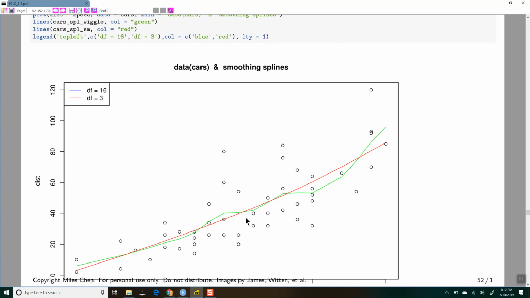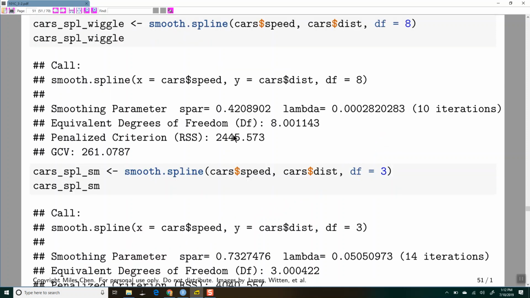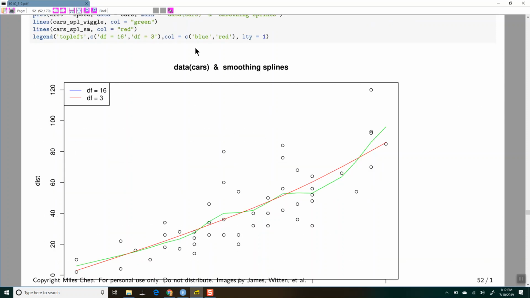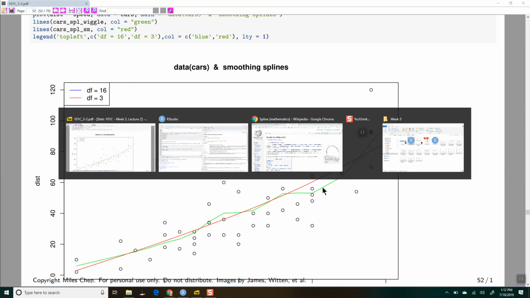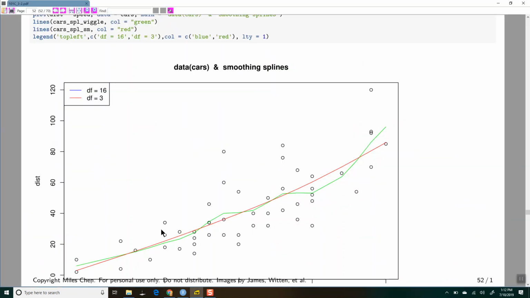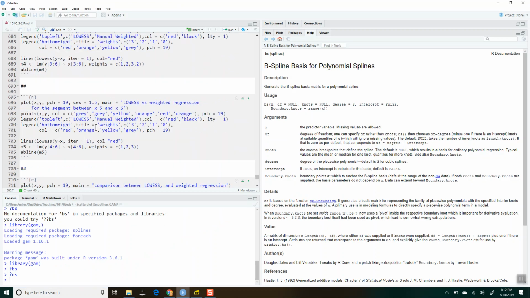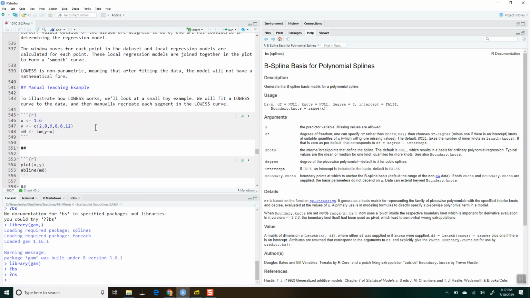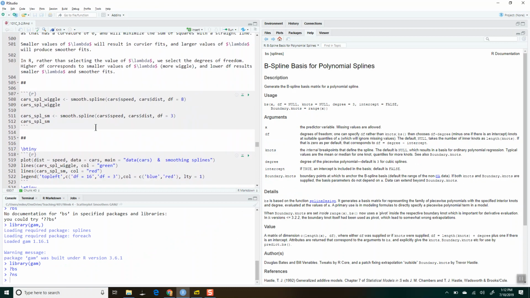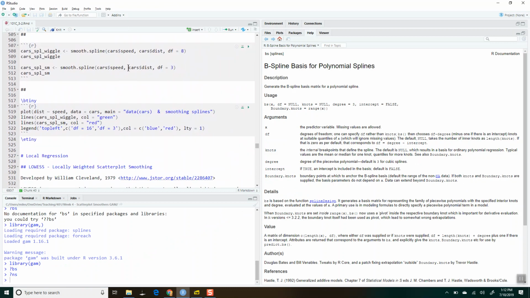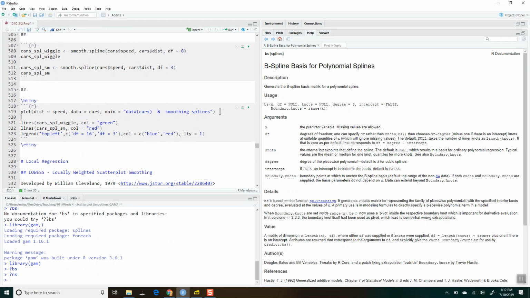It should be smooth. I don't know why, because I drew it wrong. Let me go back and redraw this thing. Okay, so let me do wiggle predict.